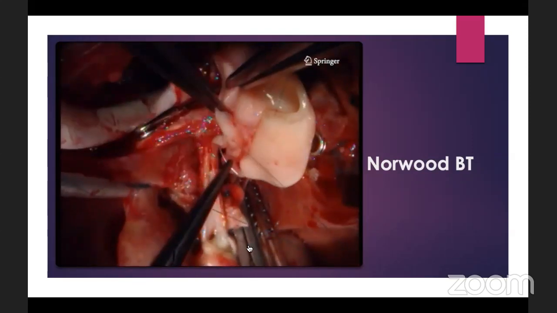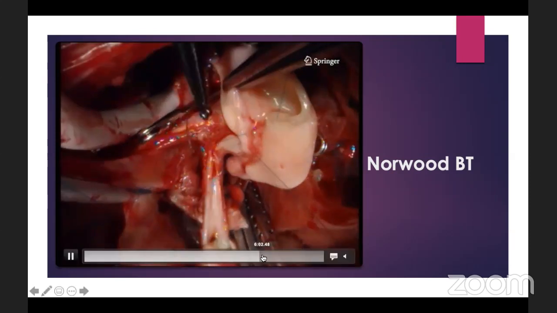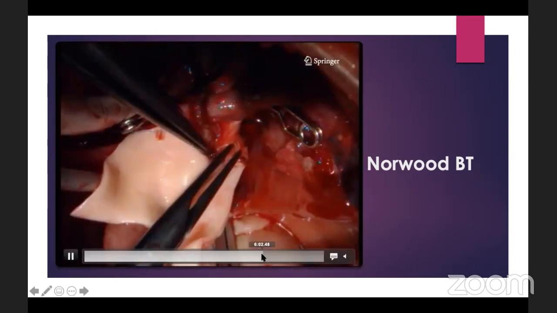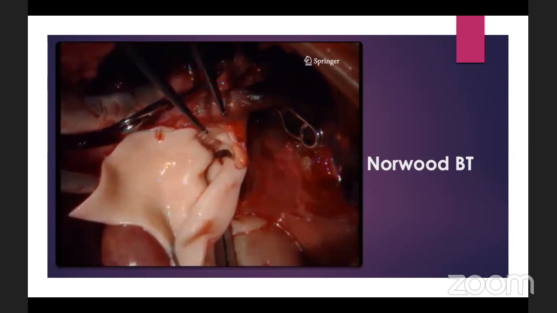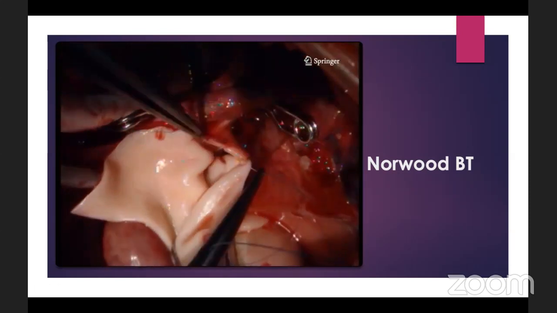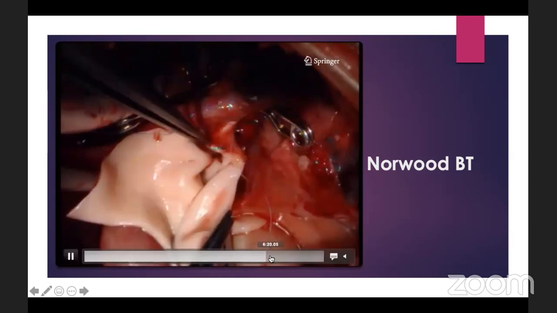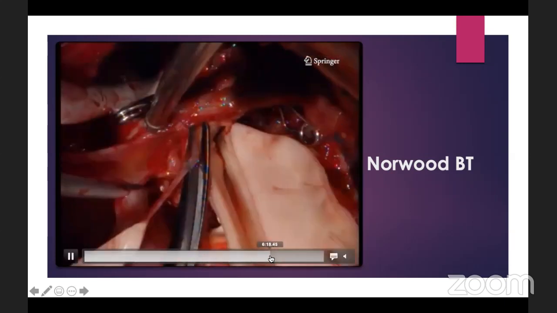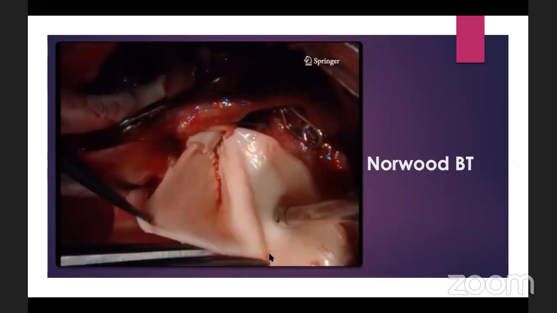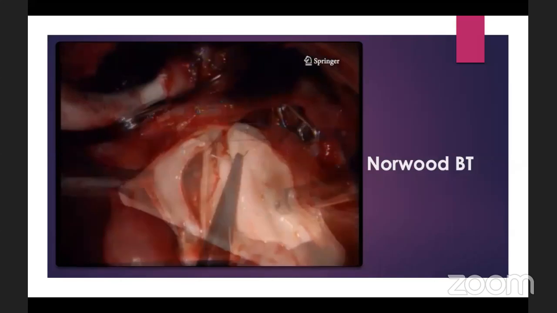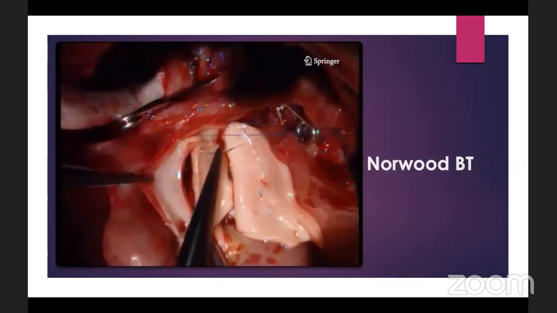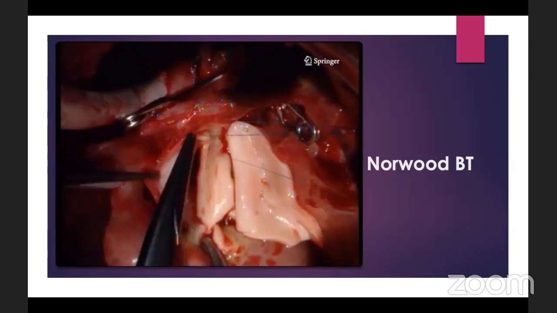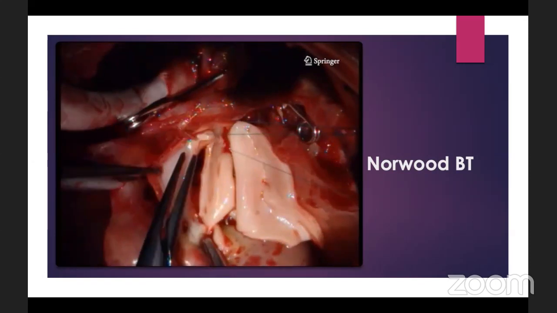Let's just move a little bit faster here. The patch is trimmed. Now the hypoplastic ascending aorta is incorporated into the patch enlargement.